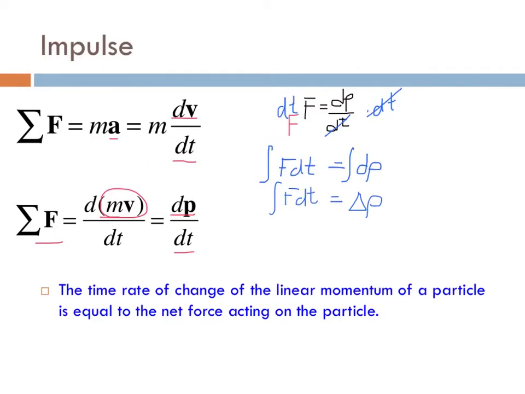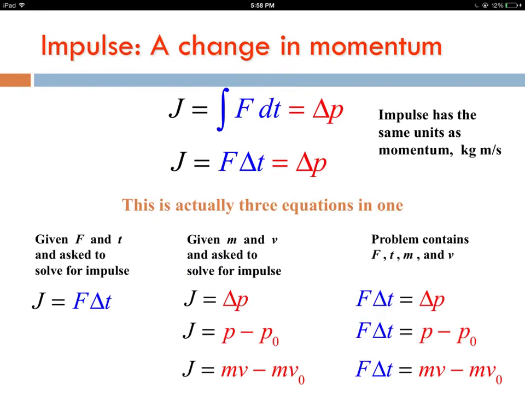Now, change in momentum is also known as impulse, which is represented by a J. So you basically have two equations for impulse, one with an integral, one without.